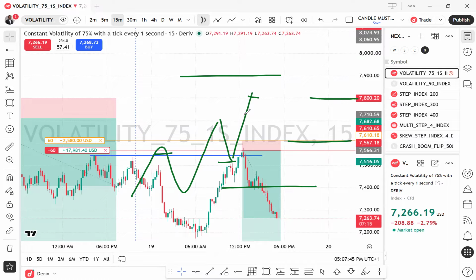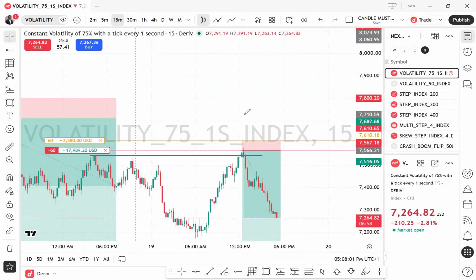But when it comes to candlesticks, before you even get into marking structures and all of that, it will give you an idea. For instance, there are times you see on a higher time frame the market is making swing highs, swing lows, and swing highs and swing lows, and all of that.